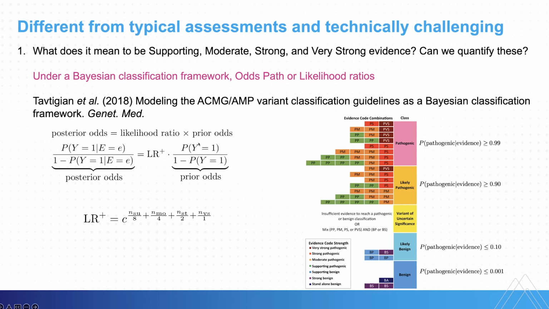You can assume a certain prior, saying that on average a variant is pathogenic 10% of the time, for example, and you can solve for C, because you can work your way backwards. So the goal here is to find C such that, for example, two pieces of strong evidence give you 0.99. That's in broad strokes.